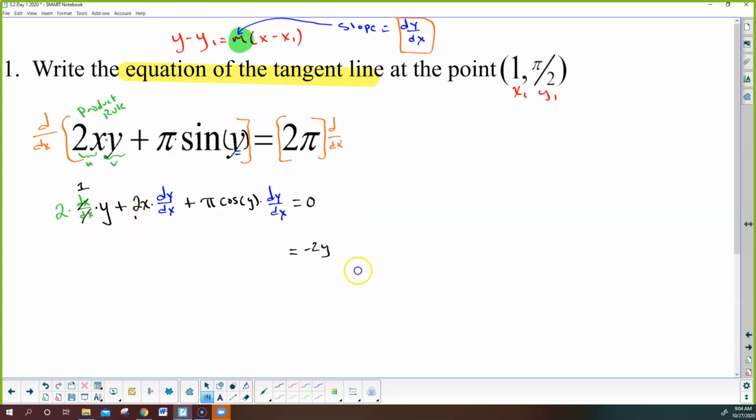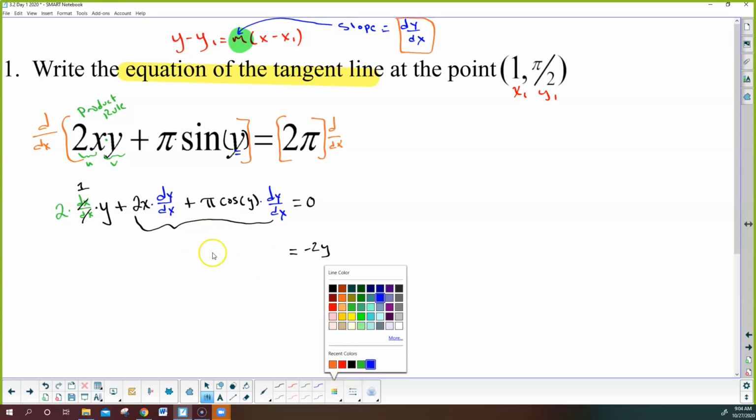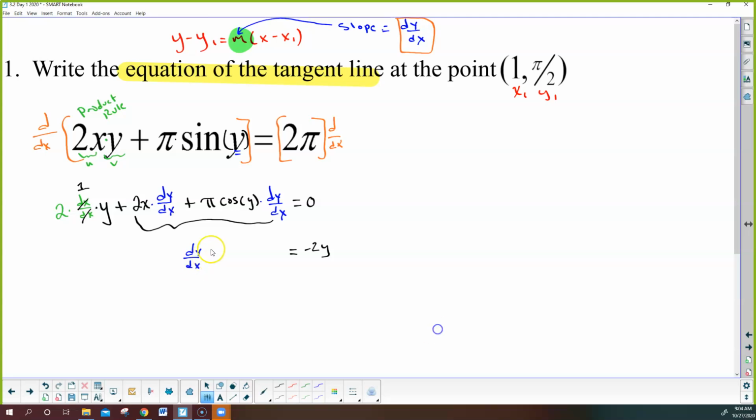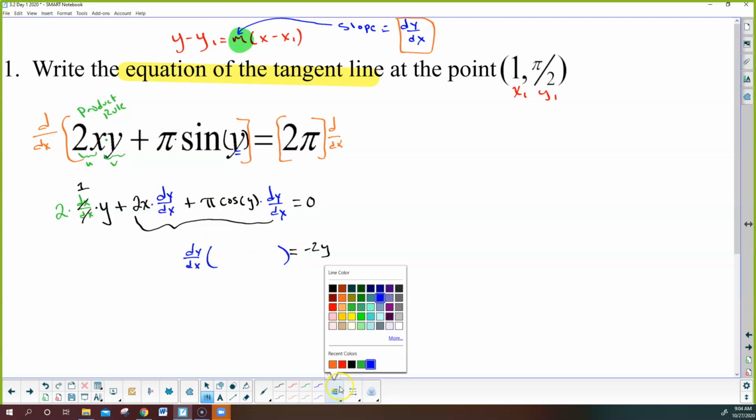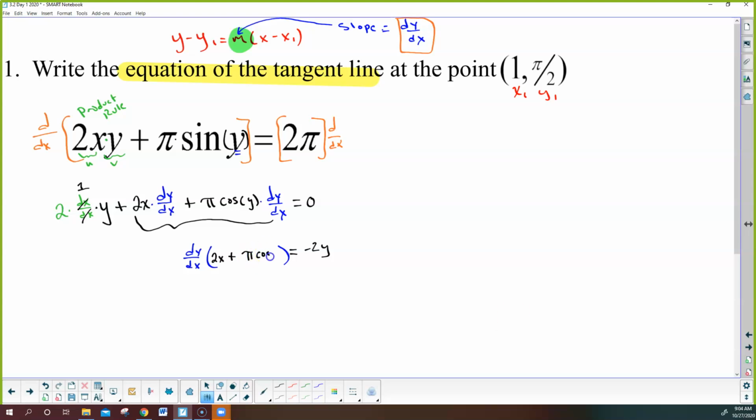And then look at what's left over. Both of these pieces have the blue dy dx. So I'm going to factor that out. And what's left over is just the 2x plus pi times cosine of y.